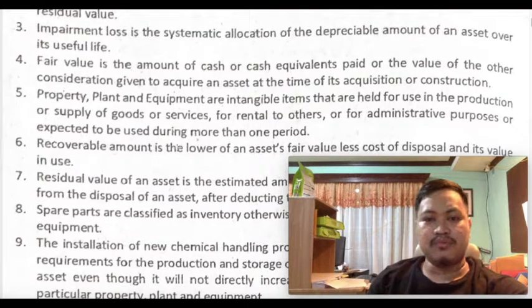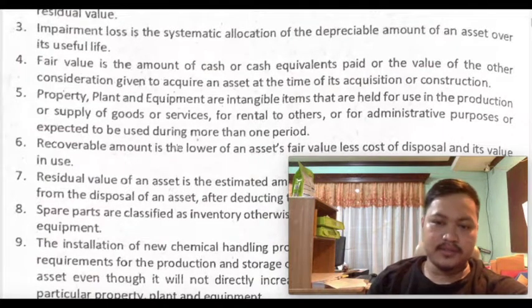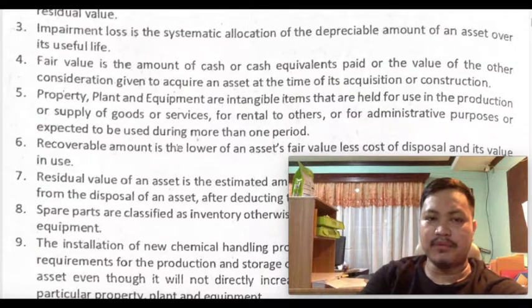Throughout the standard, that would be the definition used for fair value, which is the definition provided by PFRS 13, the standard that was specifically issued to govern fair value measurement. So again, number 4 is false. What is defined in number 4 is cost and not fair value.